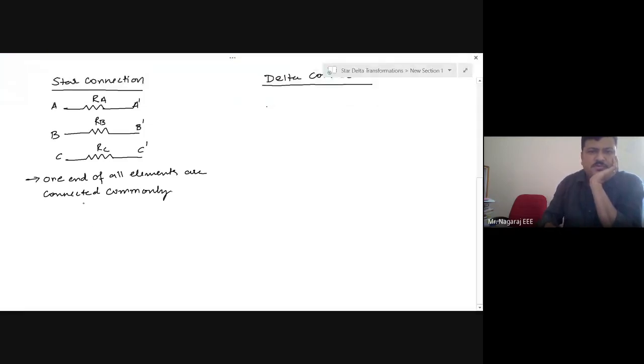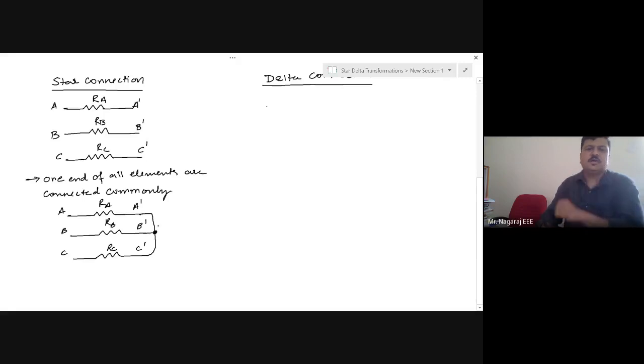If I have these resistors A dash, B dash, C dash, having values RA, RB, and RC, and I connect all these to a common point, then this connection is known as star connection.